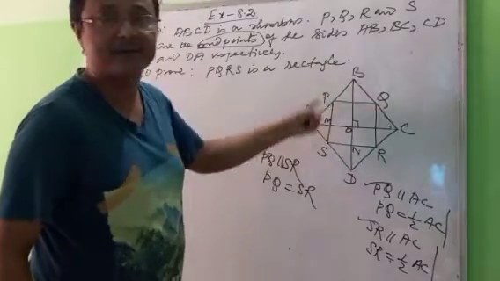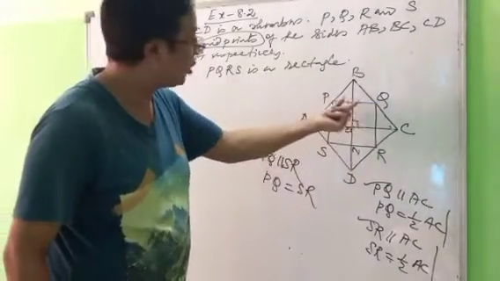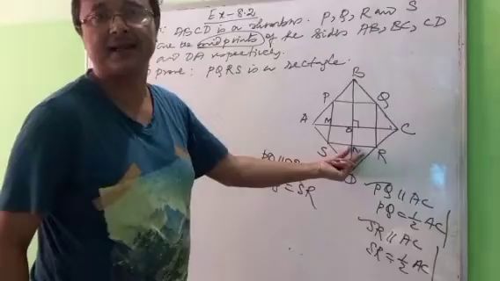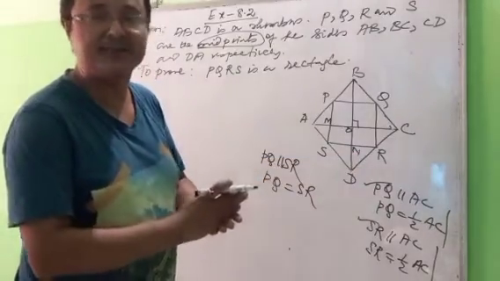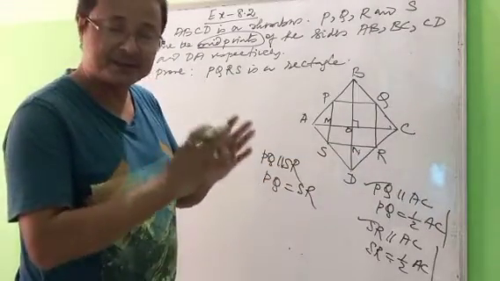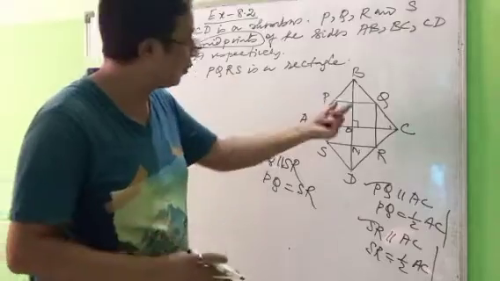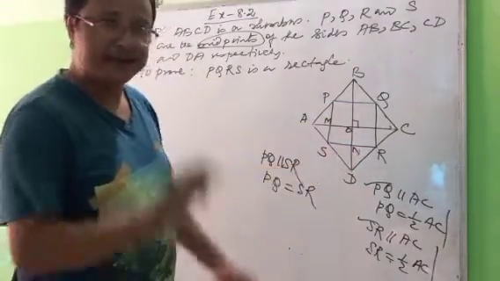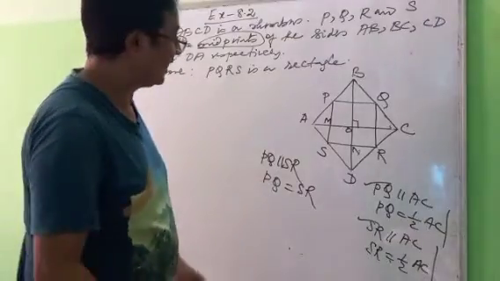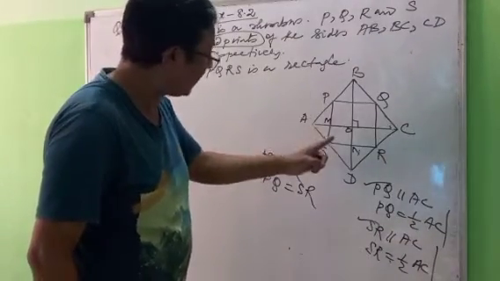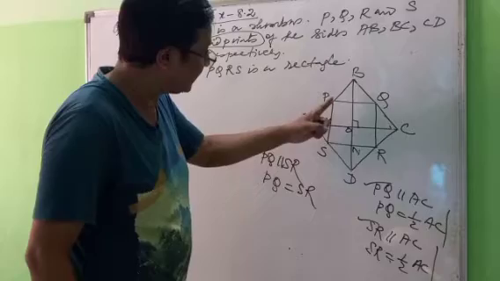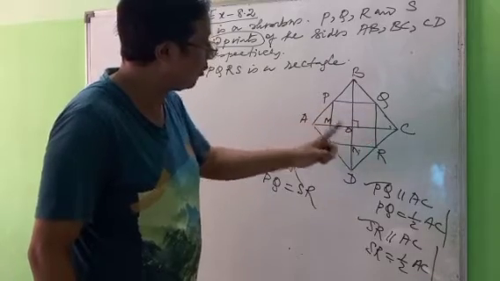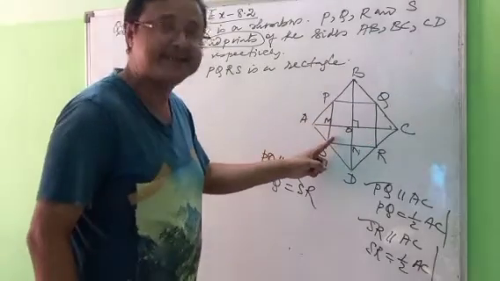So that means PQRS is a parallelogram. That means you have got the opposite sides equal. So to be a rectangle, you need both the pairs of opposite sides equal. So you got it from this, because the figure has become a parallelogram. Now you need one more condition, that is you should make any of the angles, either P or Q or R or S, 90 degrees.